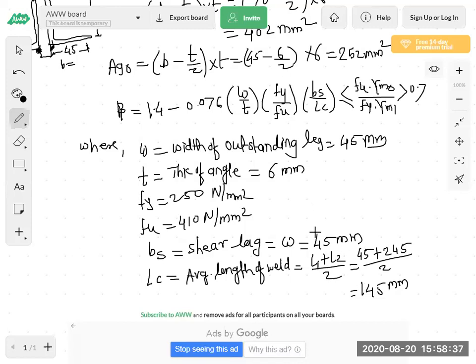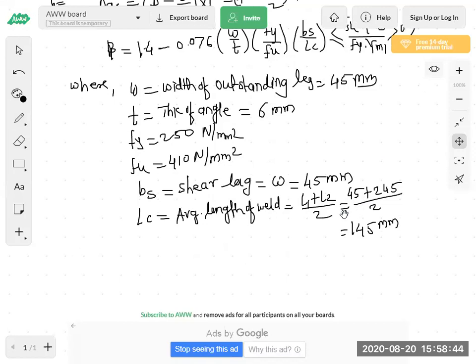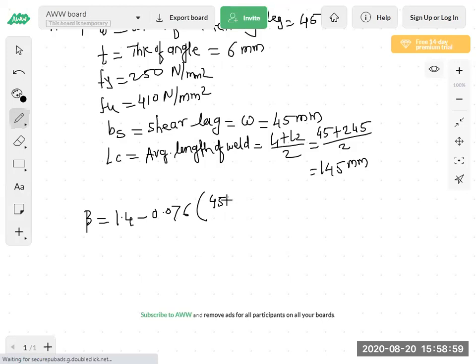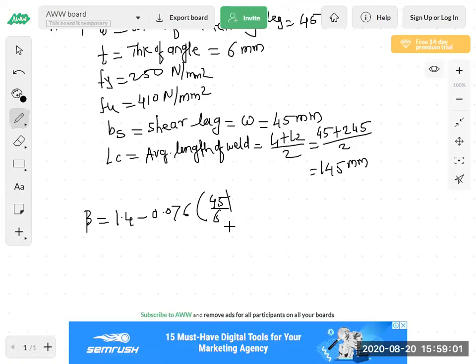Okay, so we got this unknown. Now calculate beta. So now beta is equal to 1.4 minus 0.076 W by T. How much W? W is 45 divided by T is 6 mm.